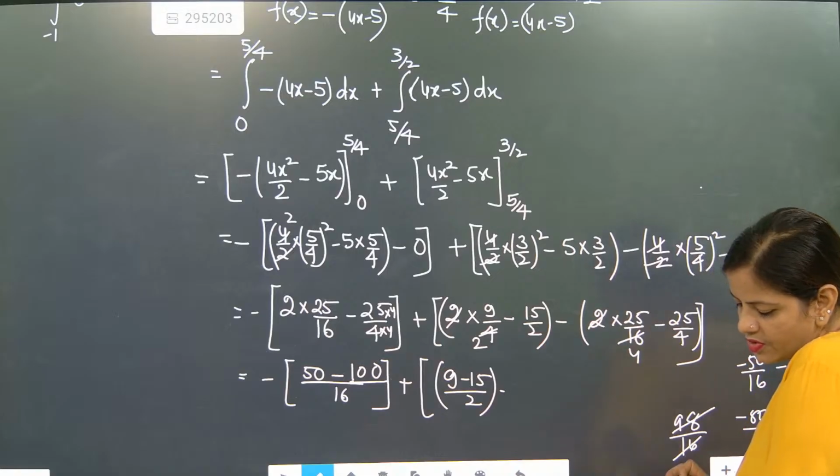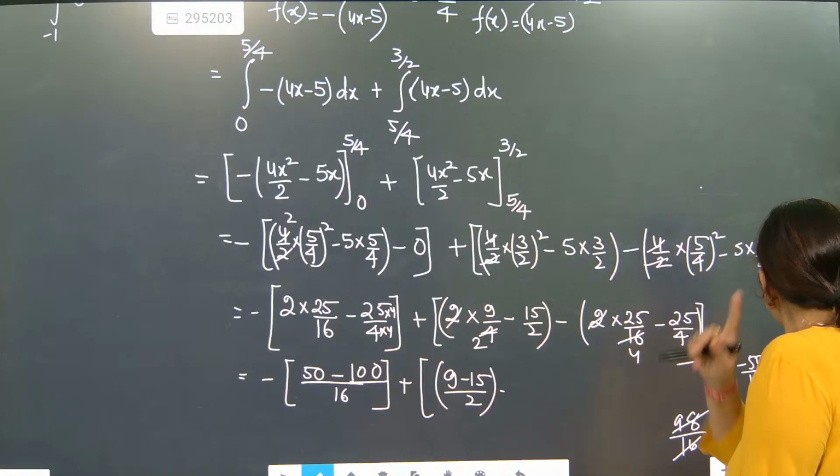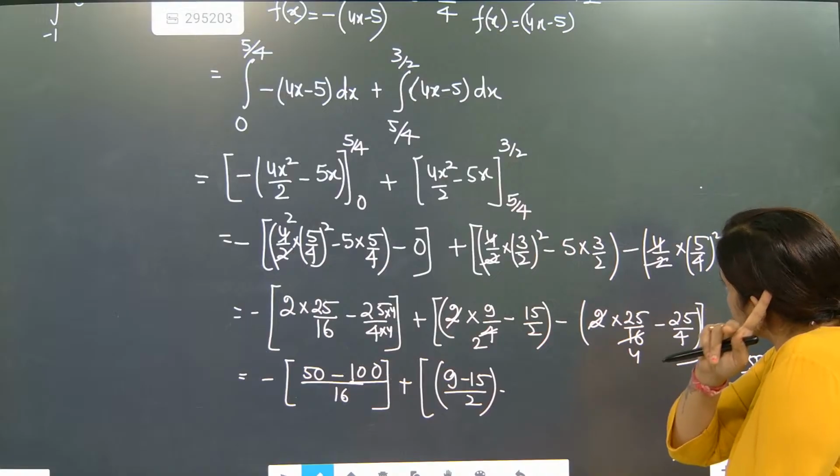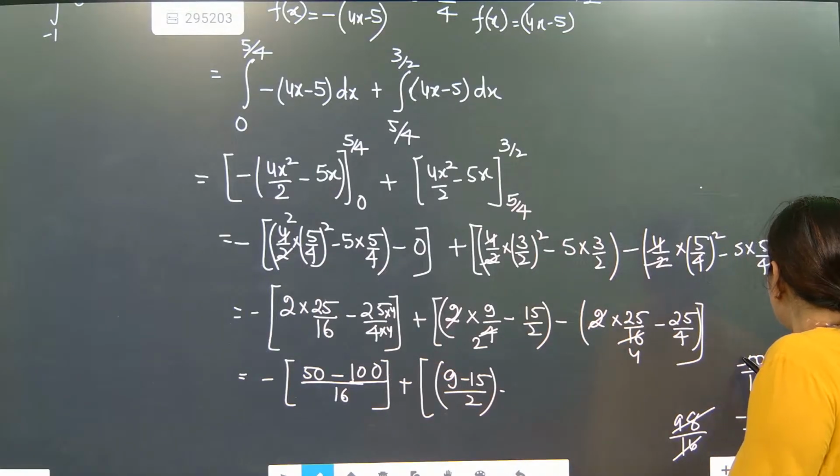Check this one out, beta. What is the final answer coming? Minus into minus will become plus there. This part is plus.